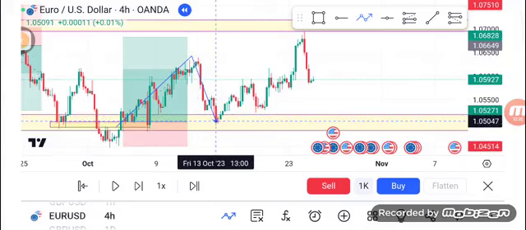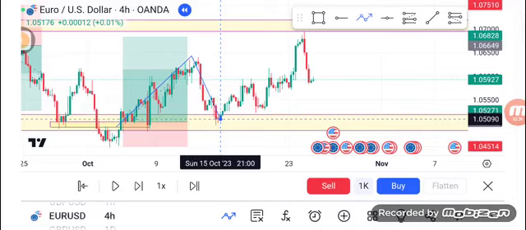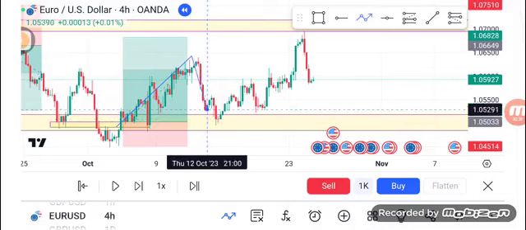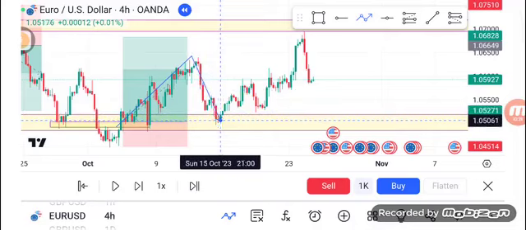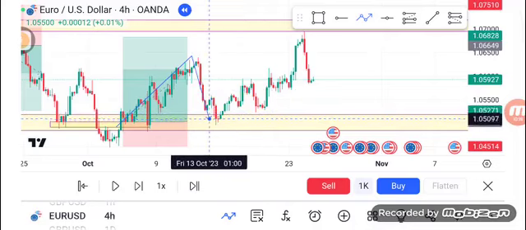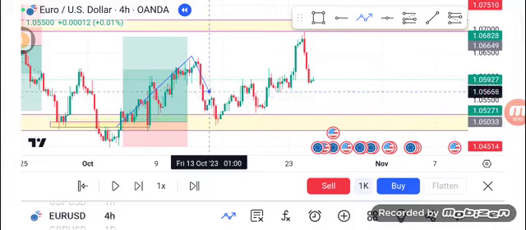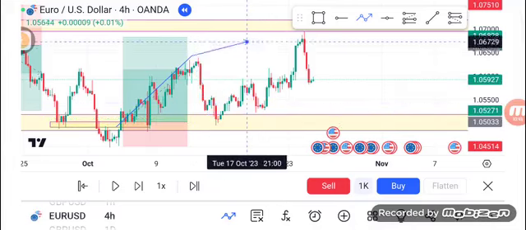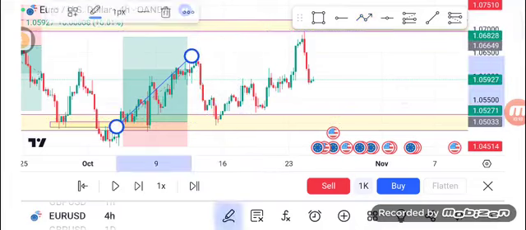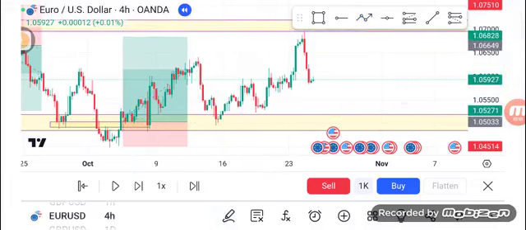If you don't have a strong psychology about the market, you may panic and close the trade, but often the market reaches here and starts going back to TP. So that's how it happens most of the time.